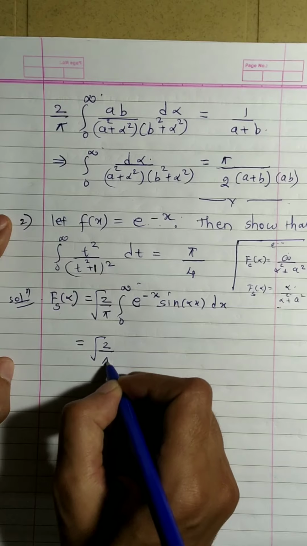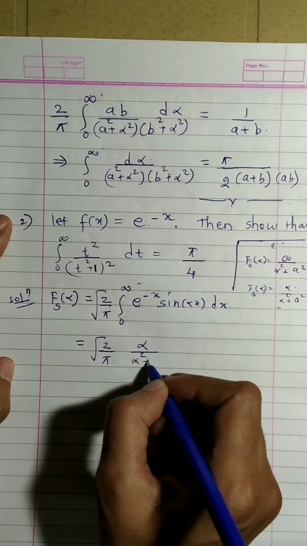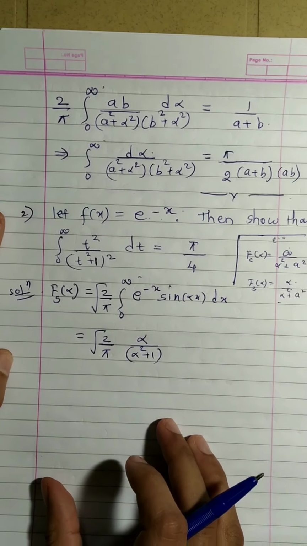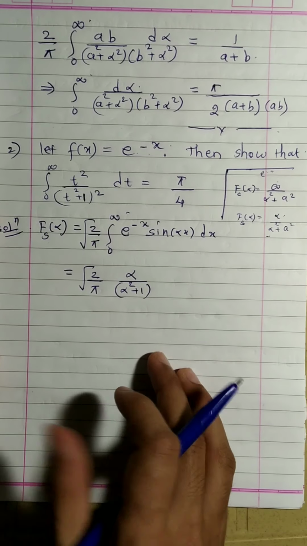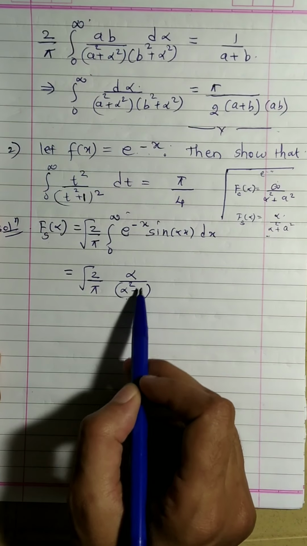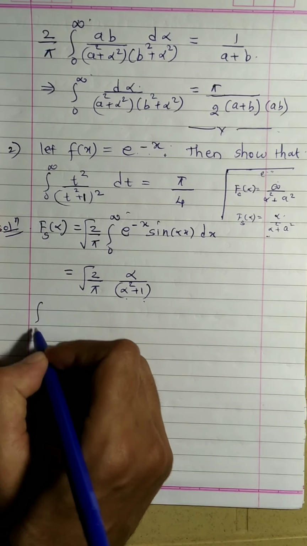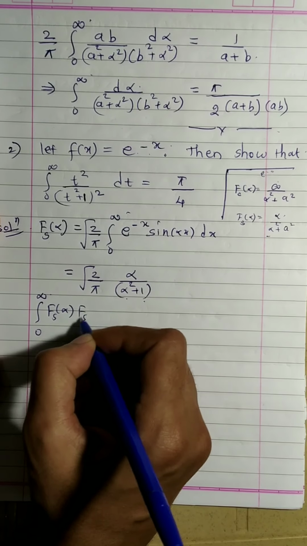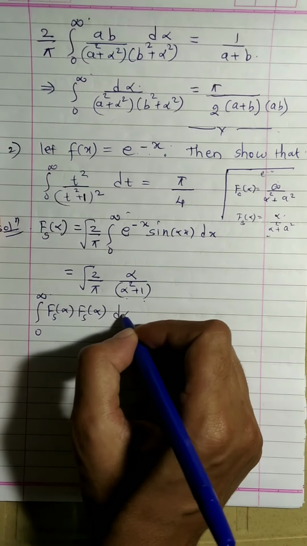It was root of 2 by pi into alpha upon alpha square plus 1. We have proved it for general a, but in particular if a is equal to 1, a square will become 1 here.